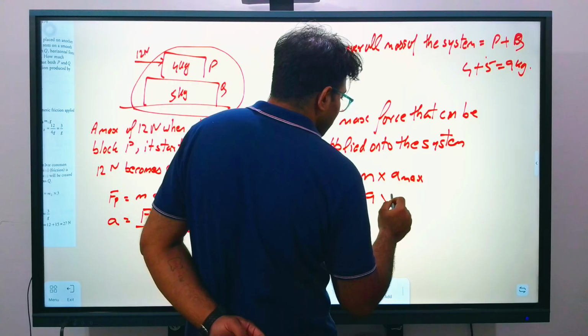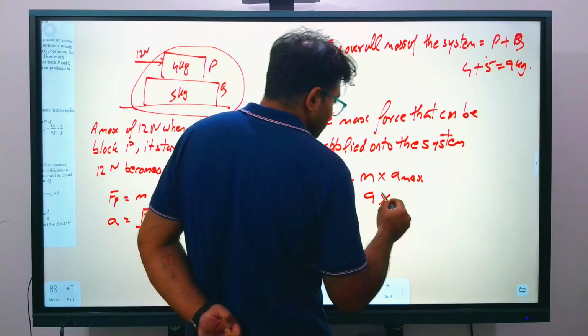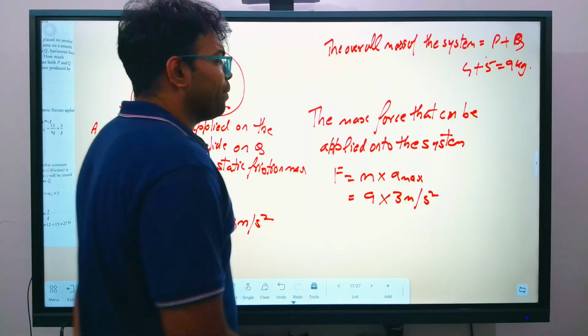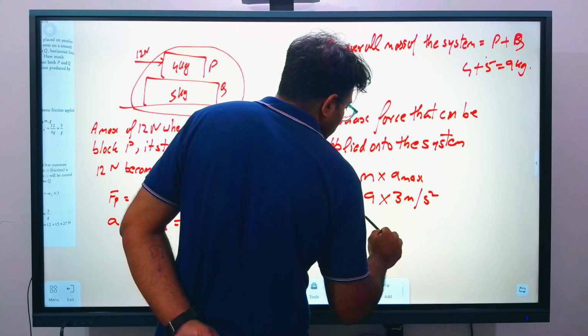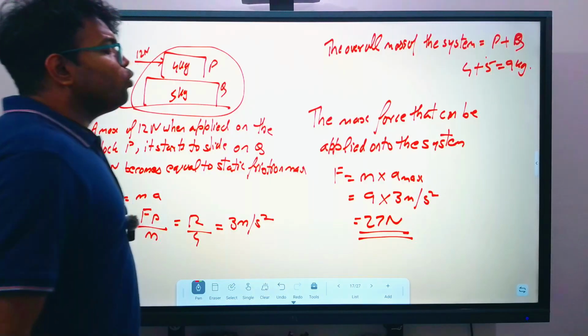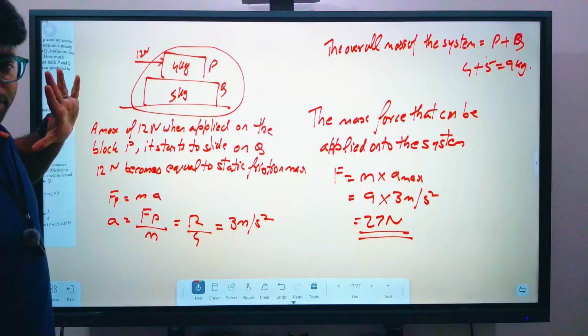Mass is 9, multiplied by the maximum acceleration, which is 3 meters per second squared. So you will get 27 newtons.